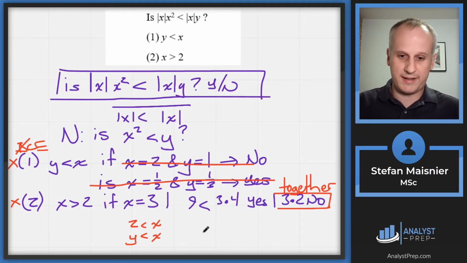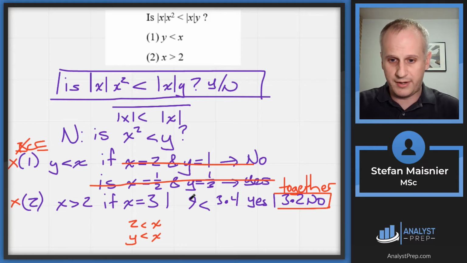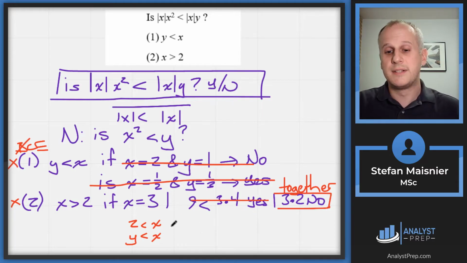Because I knew that y had to be less than x, and with x equal to 3, I can't have y be greater than it anymore, so that one's out as well. Let's even try something really strange like 2.1.